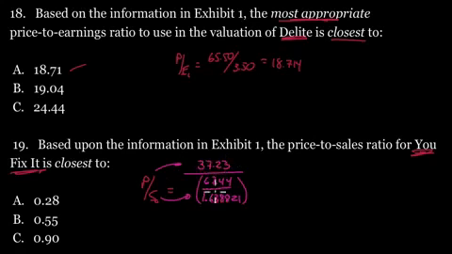So just make sure that you're not dividing by two different numbers. Now, we easily could have arrived at the same thing by taking the number of shares and multiplying the price by it and getting an aggregate price divided by aggregate sales. Either way, we'll get the same thing, 0.9047. Do we have a 0.90? We have a 0.90.